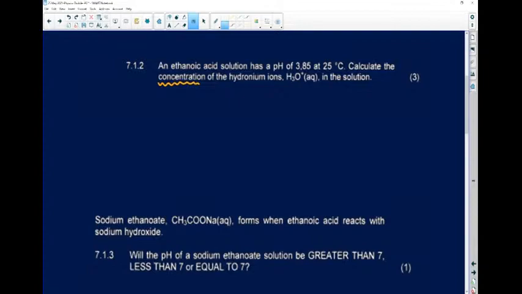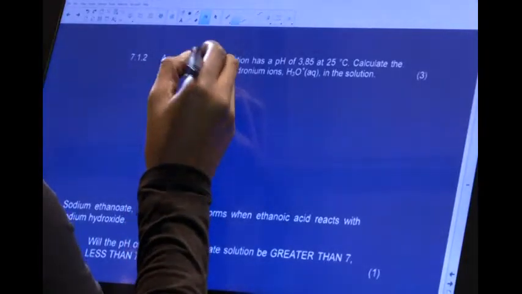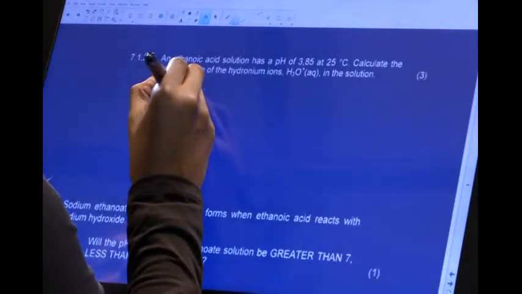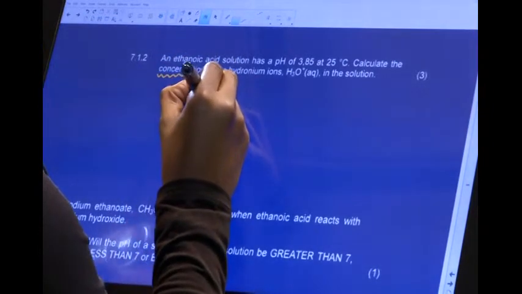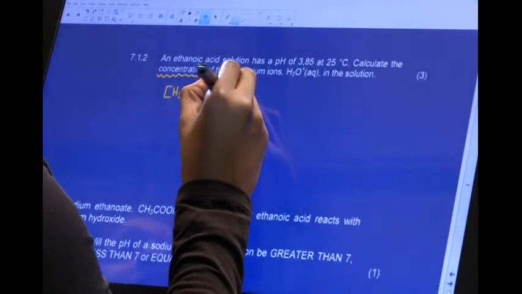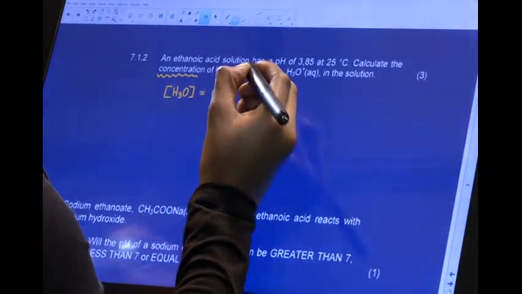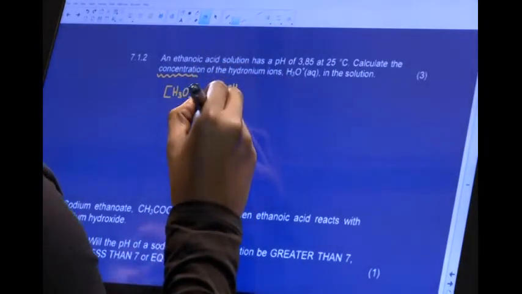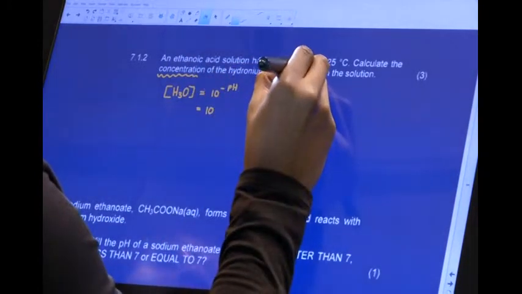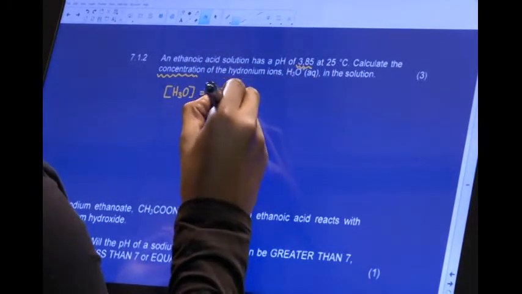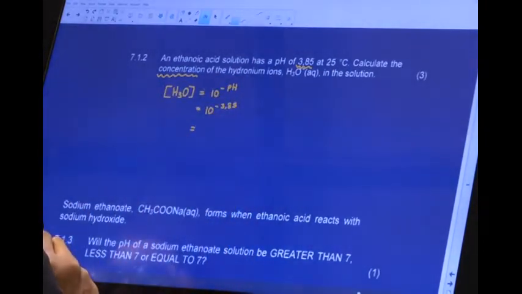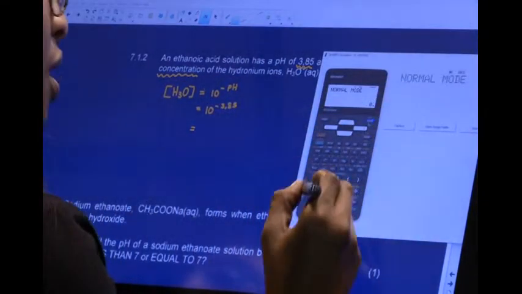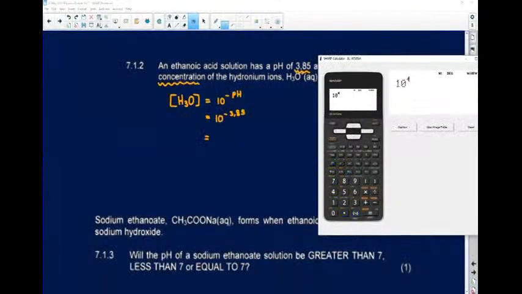My easiest method, because we are talking about ethanoic acid, I'm just going to use the H3O+, where you could have used the pH way, where you say 10, and then you say negative pH as an exponent. For me, that works much better. I'm going to say 10, the pH is given as 3.85, so that's negative 3.85. And you just put this in your calculator exactly as it is, and then it should give you the correct answer. That's 10 to the exponent negative 3.85.